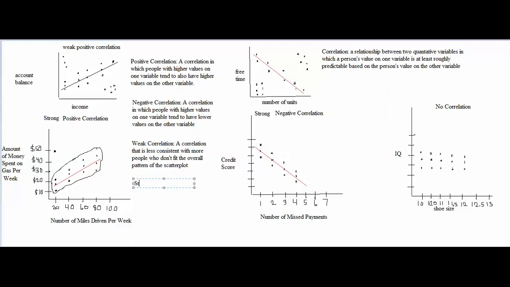A strong correlation is a correlation that is more consistent and has fewer people who don't fit the overall pattern of the scatter plot.